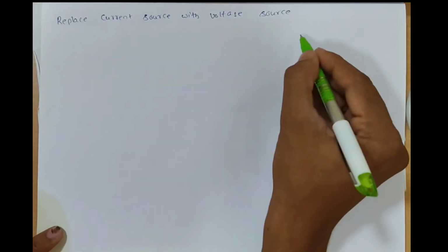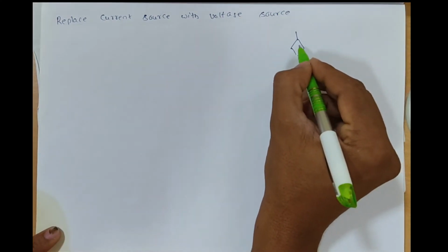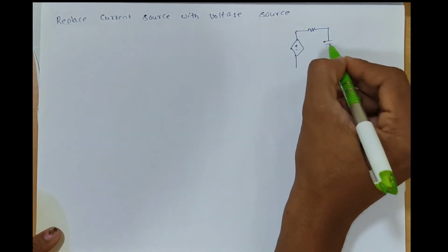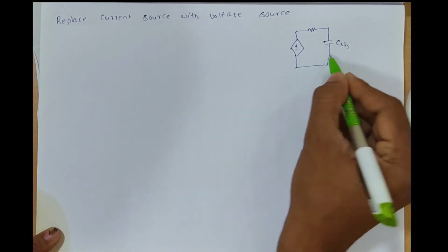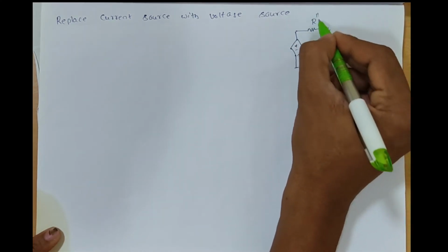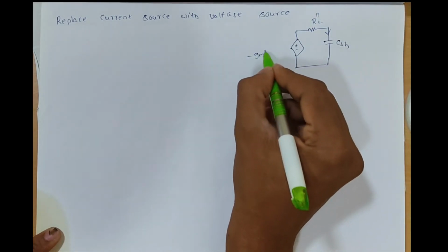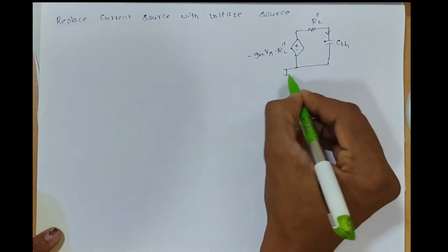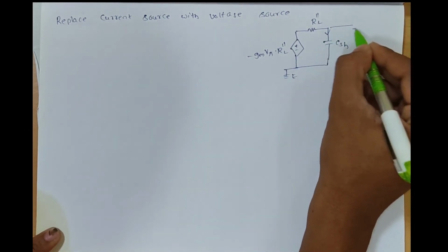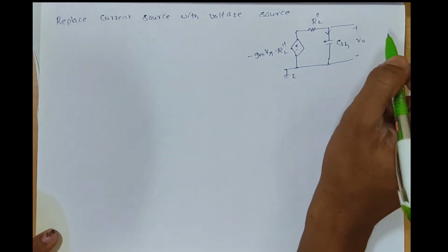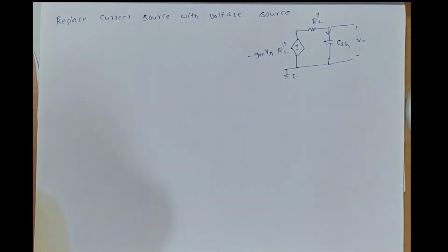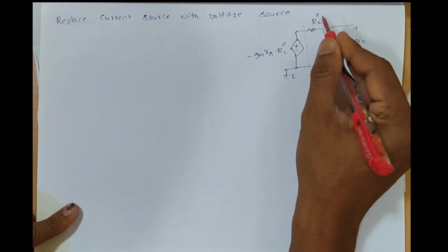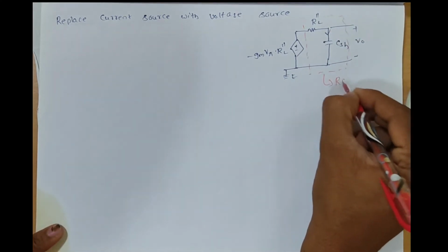Then we can write CSH, R double dash L, and here minus gm into V pi into R double dash L as the voltage source. This is the output voltage. You can observe that this R double dash L and CSH form an RC low pass network.